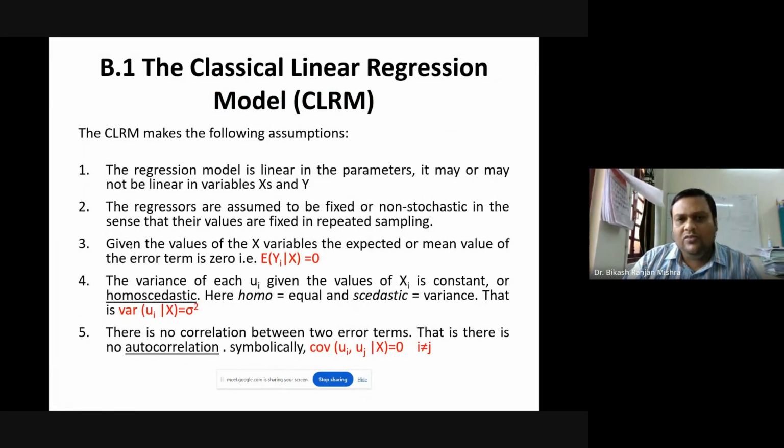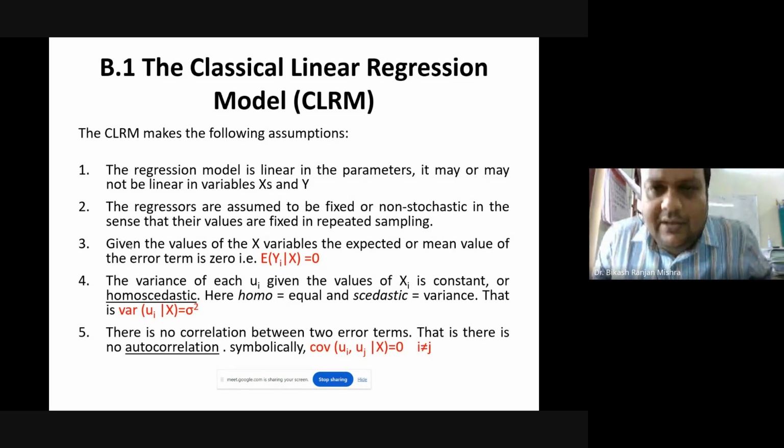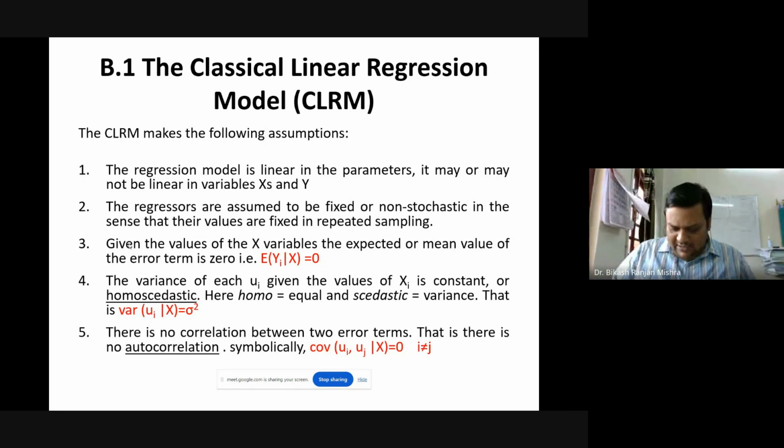Now moving into the philosophical base of this particular regression analysis, the most prominent version of the linear model is the classical linear regression model, or simply known as CLRM. CLRM has different assumptions, and those assumptions play a very important role.